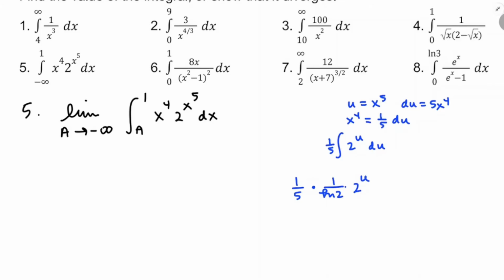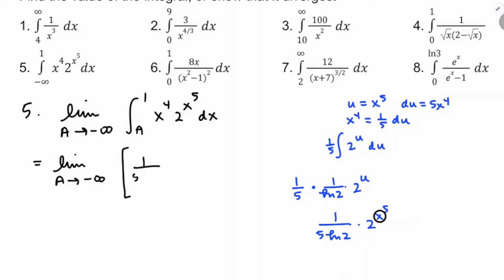And then we're going to go back to u, and so that's 1/5 log 2 times 2 to the x to the 5th. All right, and I think since really the only x in there is right there, we can envision plugging in 1 and then plugging in a and subtracting those, saving ourselves one line. Okay, so as a approaches negative infinity, we're going to plug in 1 because that's the upper bound.